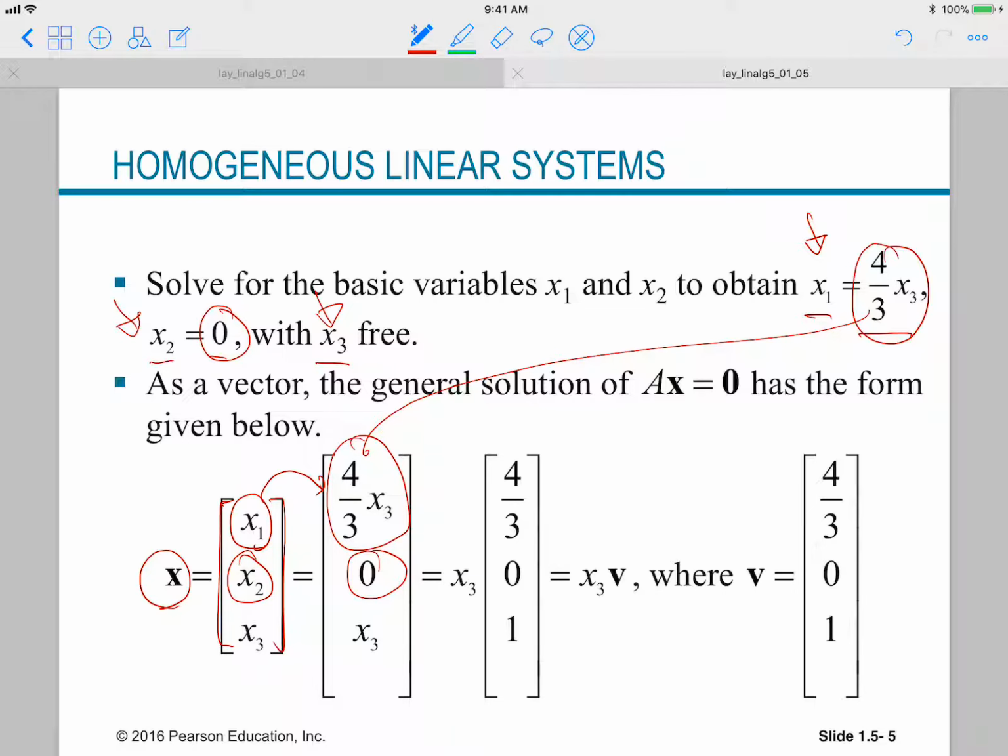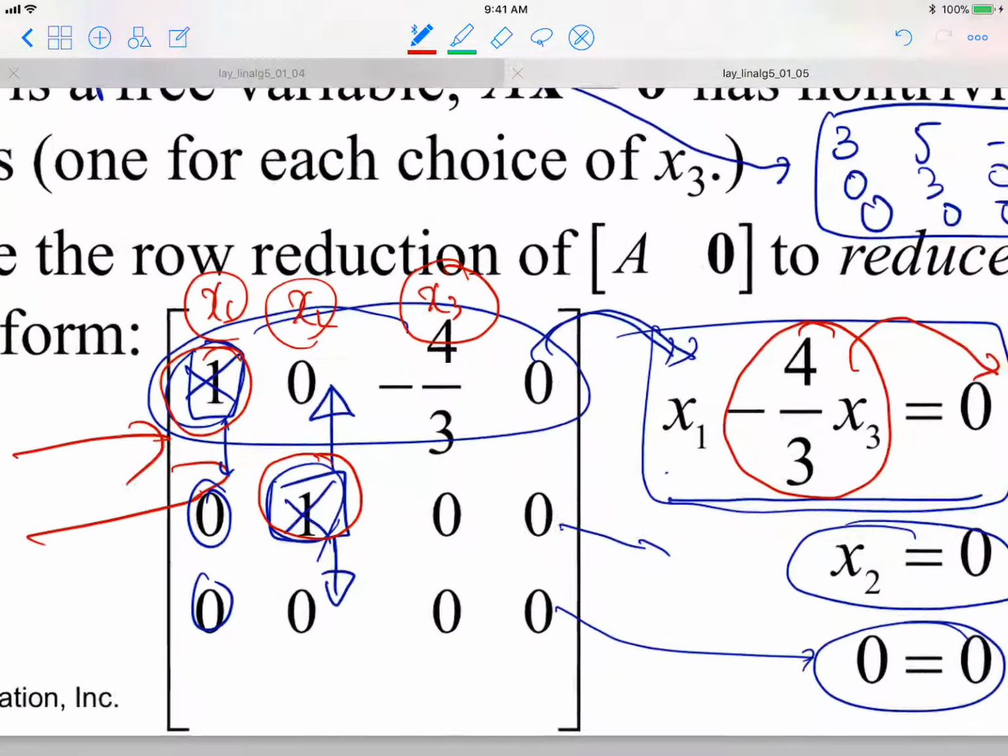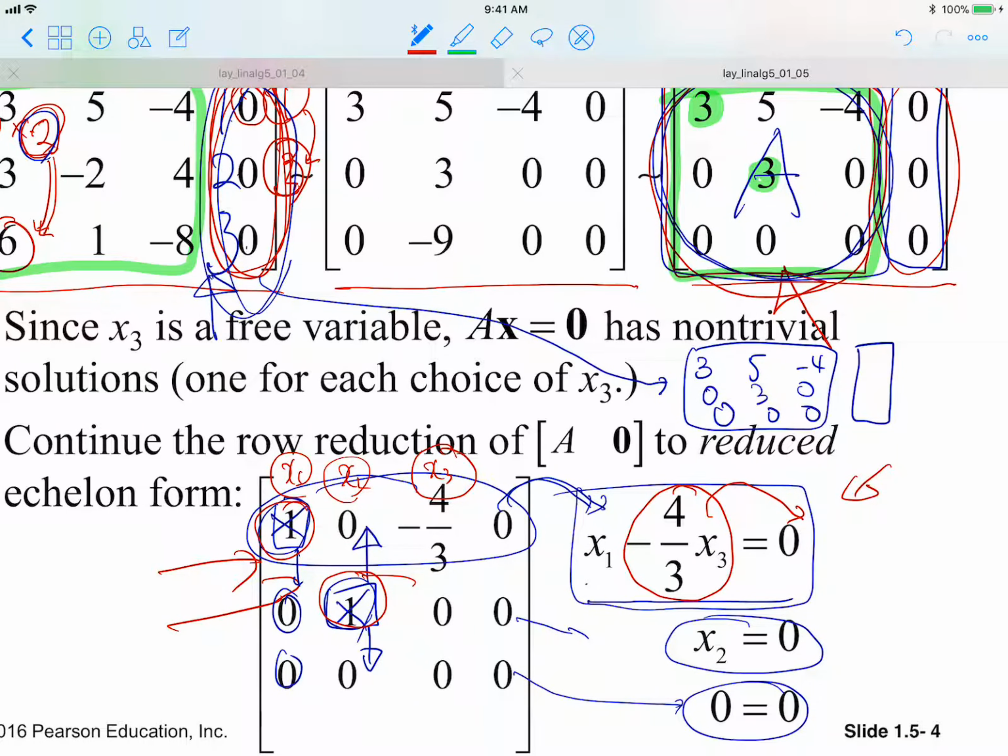And why was it 0? Okay, so this second equation here contains the pivot for x2. So that didn't have any free variable corresponding to our x3, or it didn't have any constant values, right?